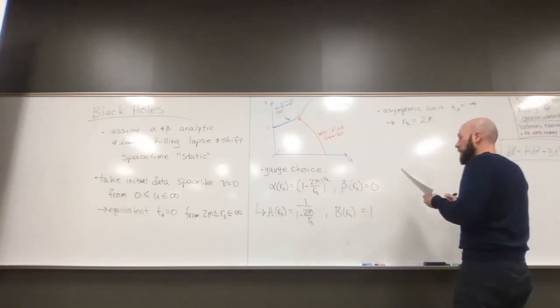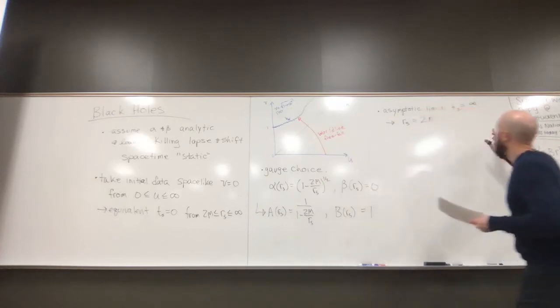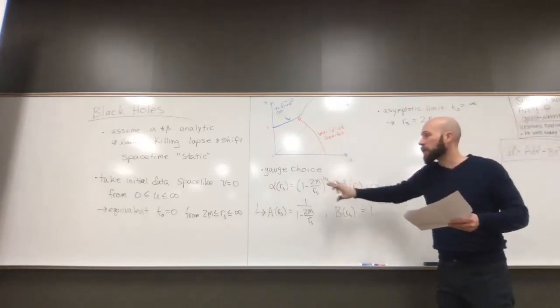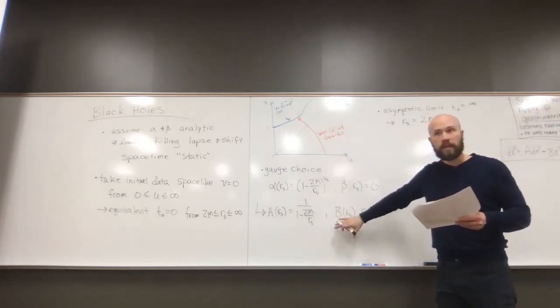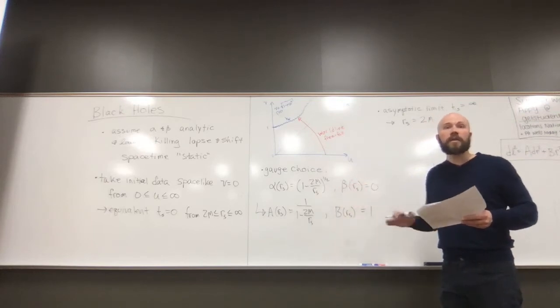That's where everything stops. So this means that if I evolve forward in time from these initial conditions with these gauge choices, anything outside the event horizon never crosses the event horizon.